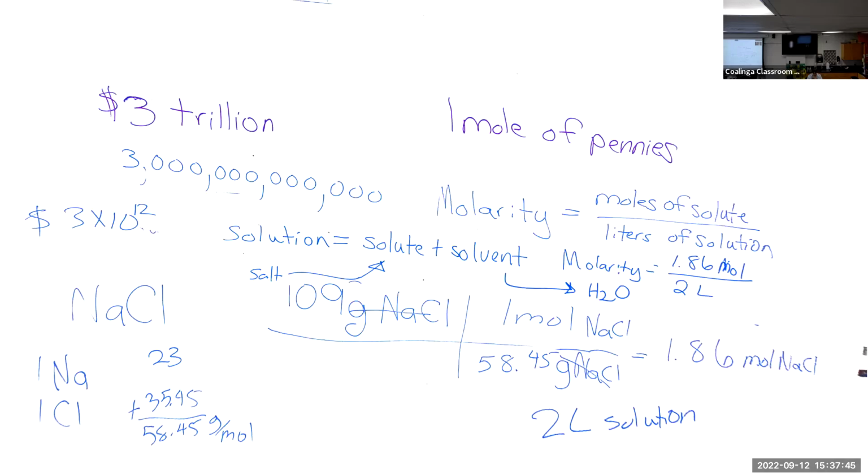Now, how many sig figs should I have? I should have 1 sig fig, because my 2 liters only has 1 significant figure. So if you guys do that math for me.